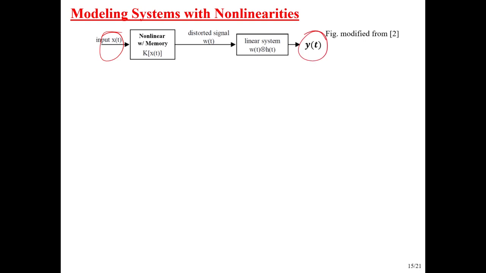The simplest way to think about a nonlinear system is there's some linear system here, and there's some nonlinear thing, either with memory or without memory. Memory just means it has dynamics like an RC or an RL system.